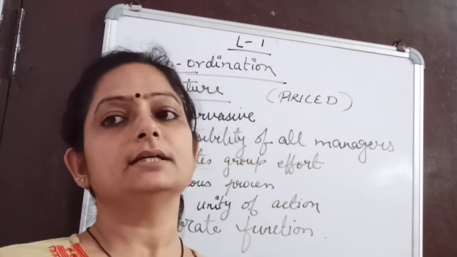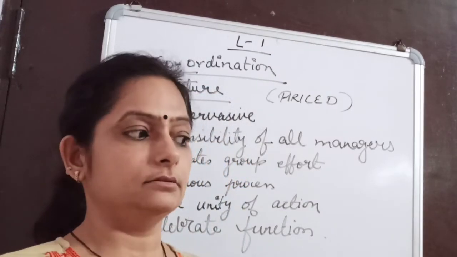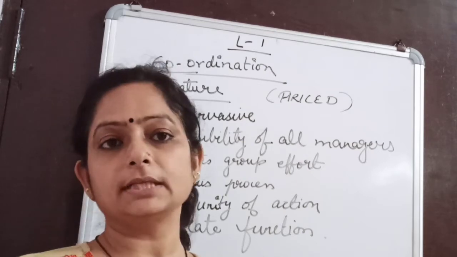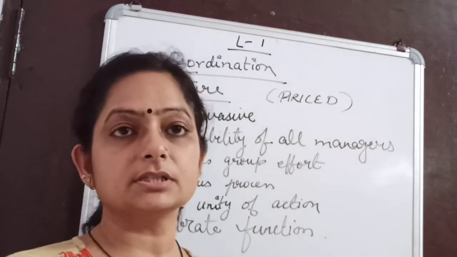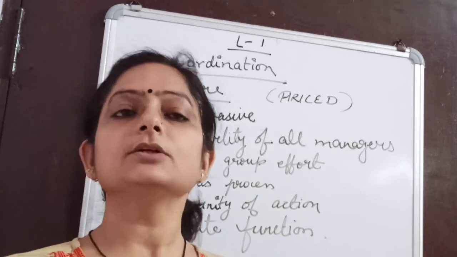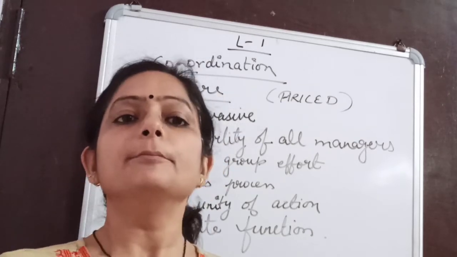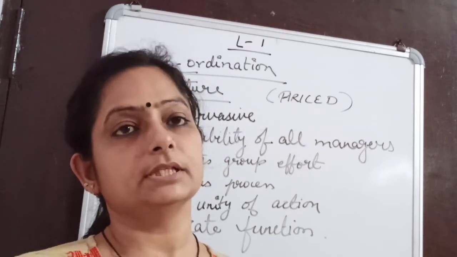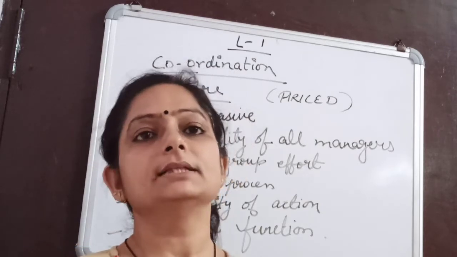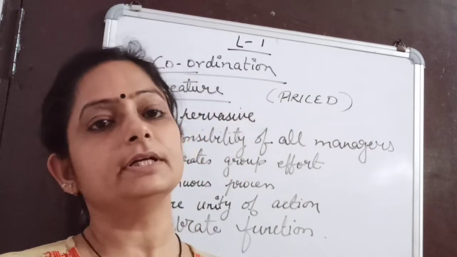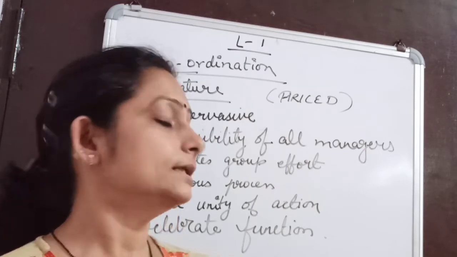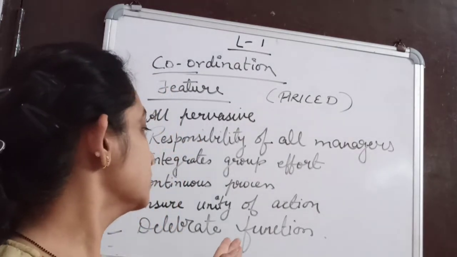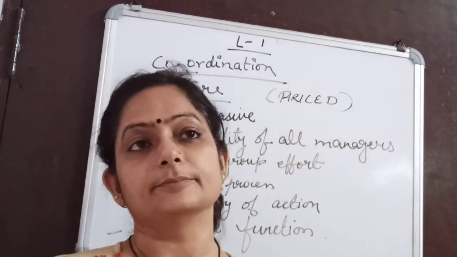For an organization, the functions of management from planning till controlling are a continuous process. And for an organization to work properly, coordination must happen continuously, as this is the force that unifies the activity of different departments. Then the next point says that it ensures unity of action.